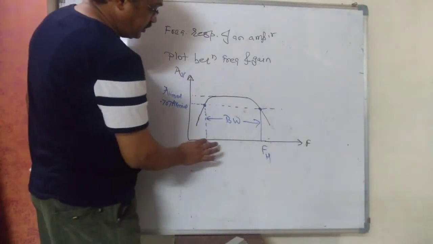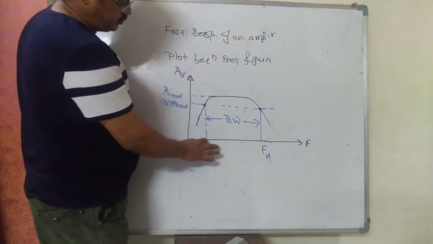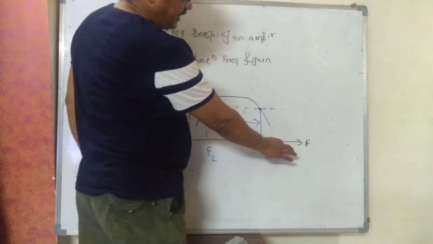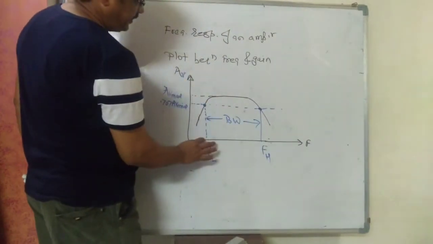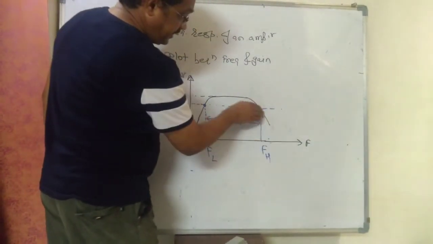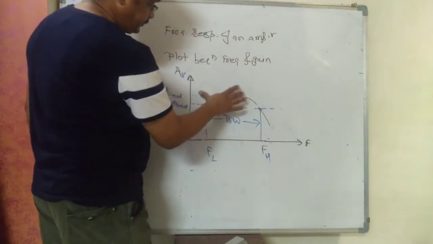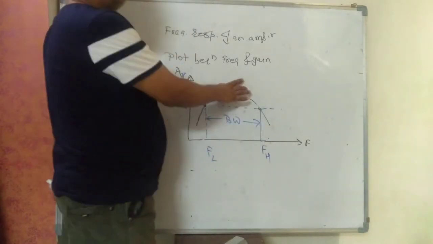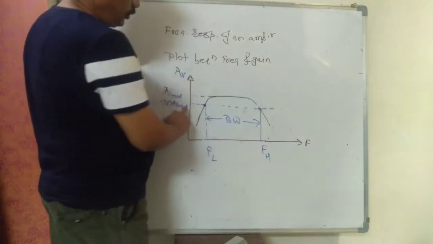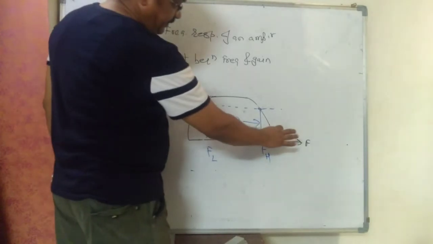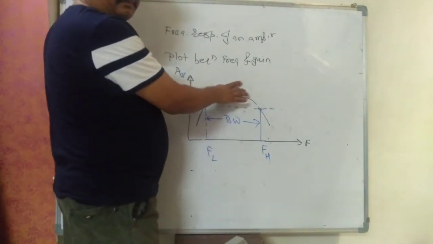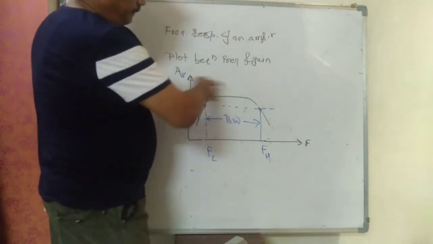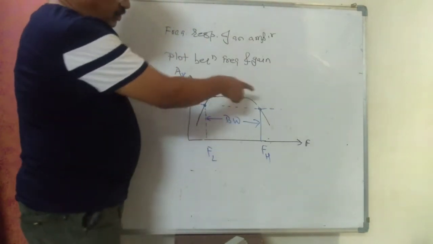Now, this zone is known as low frequency zone. This zone is known as high frequency zone. Here gain is increasing, here gain is decreasing, and this zone, between high and low, is the mid frequency region, where gain is remaining constant.